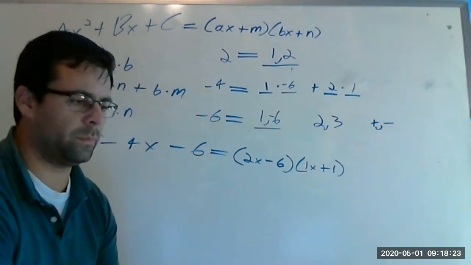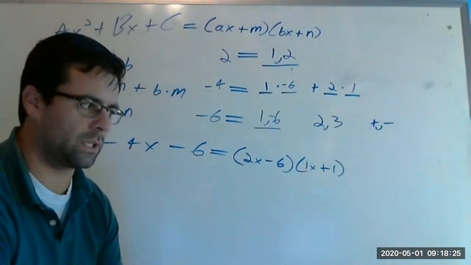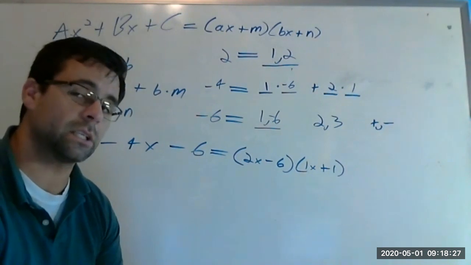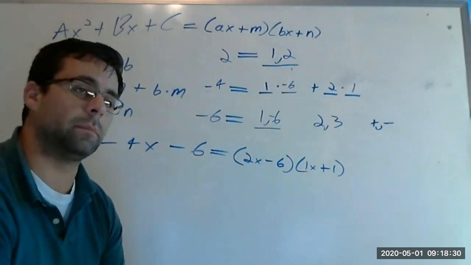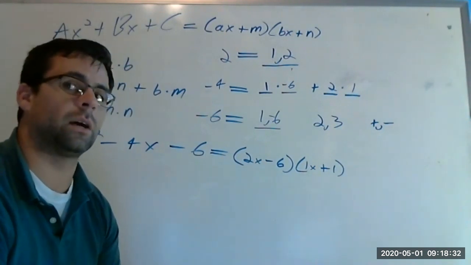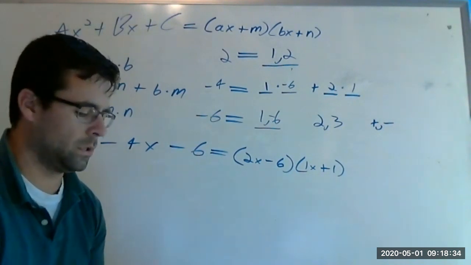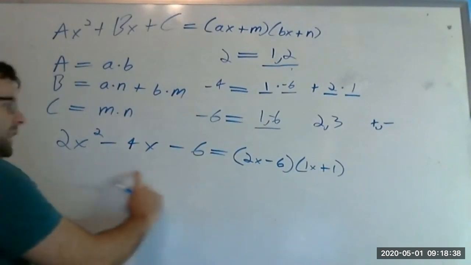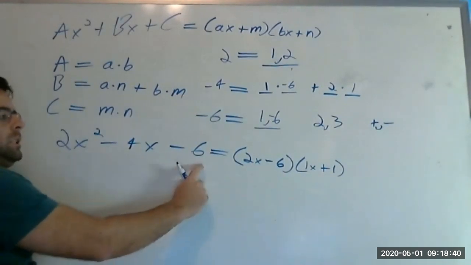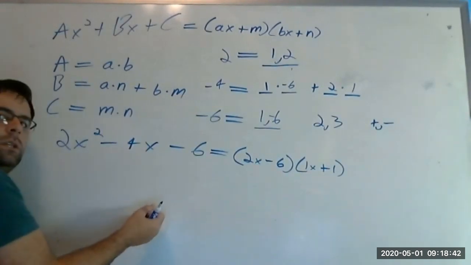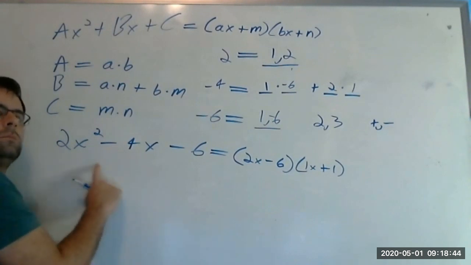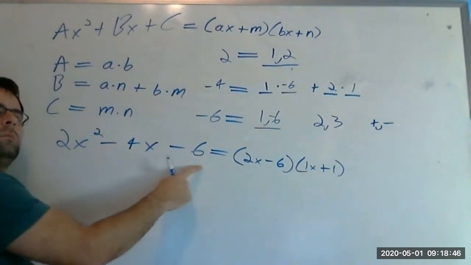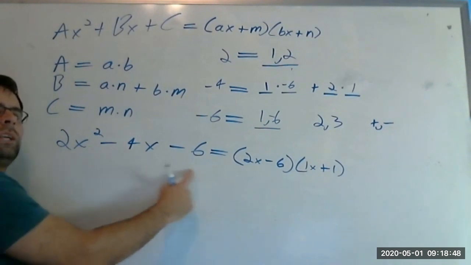So there are some things that you can do to often make your life easier. And one of those comes up here. So starting back over for a second, what is something that you might notice about these three things?